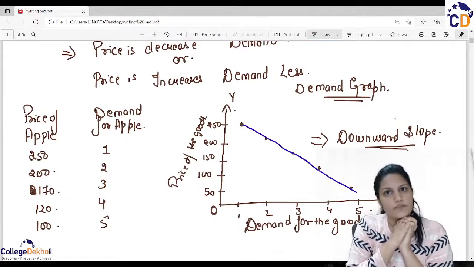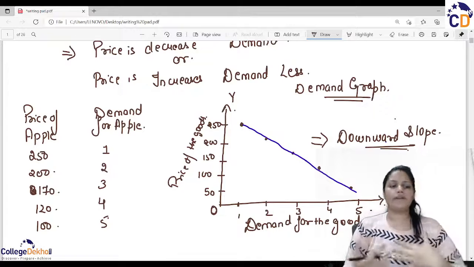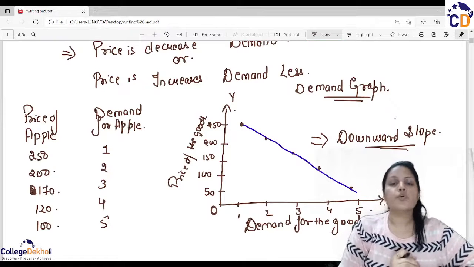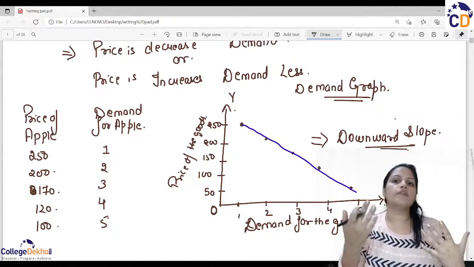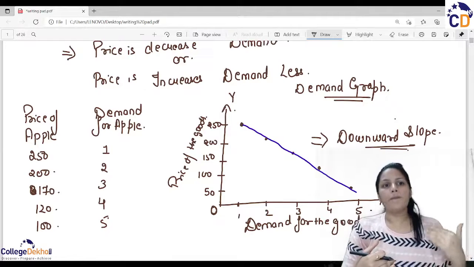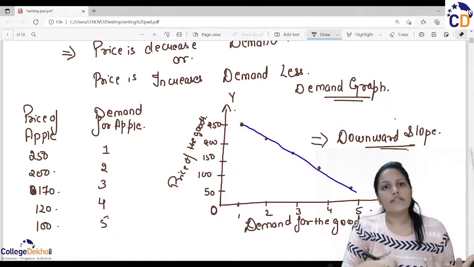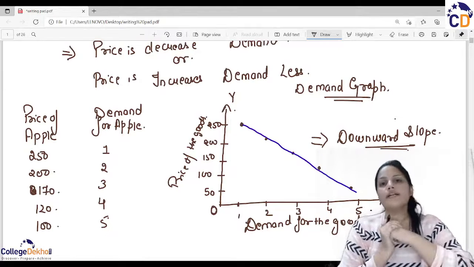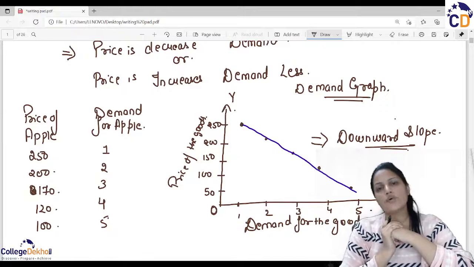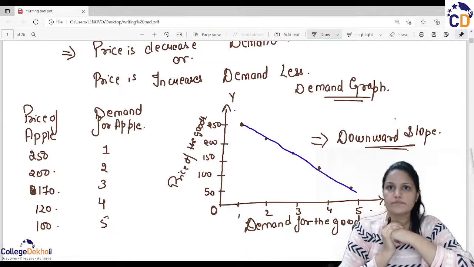Price and quantity demanded show an inverse relationship. One goes up, so the other goes down. If the price goes down, then demand goes up. So the graph is shown as a downward slope.